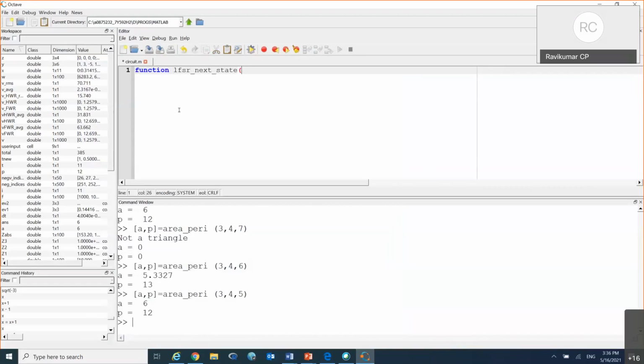It takes as input, let us say, the number of flip-flops, and then current state, and then maybe the polynomial. So this is the function I want to write. This is a little bit more ambitious program.